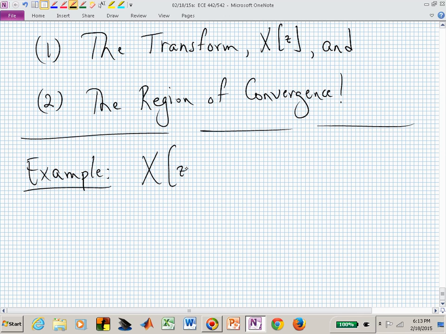Suppose capital X of Z is Z over (Z minus 1/4)(Z minus 2).